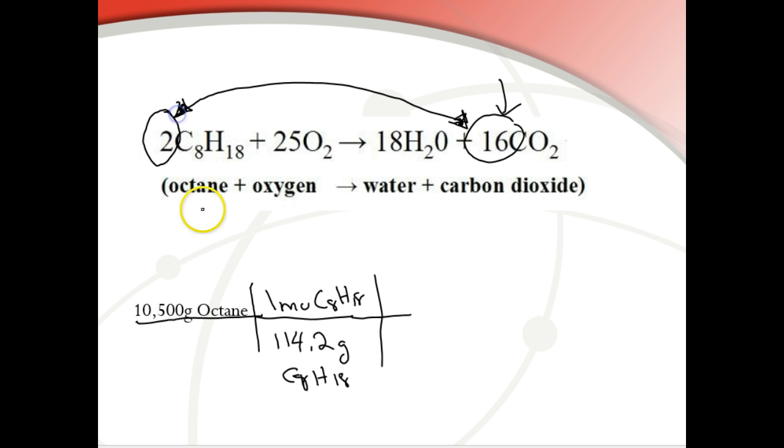And this is where writing down the full units is super important, because if I just had 1 mole and I had 16 moles and 2 moles, well, it looks to me like those cancel, and I'll get the wrong answer. But if I write out mole of octane, I can see that 2 moles of octane, C8H18, produces 16 moles of carbon dioxide.